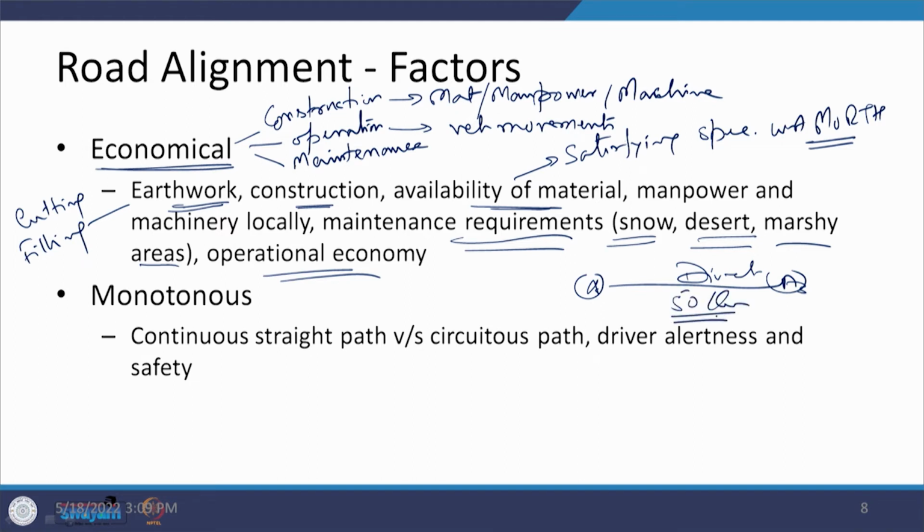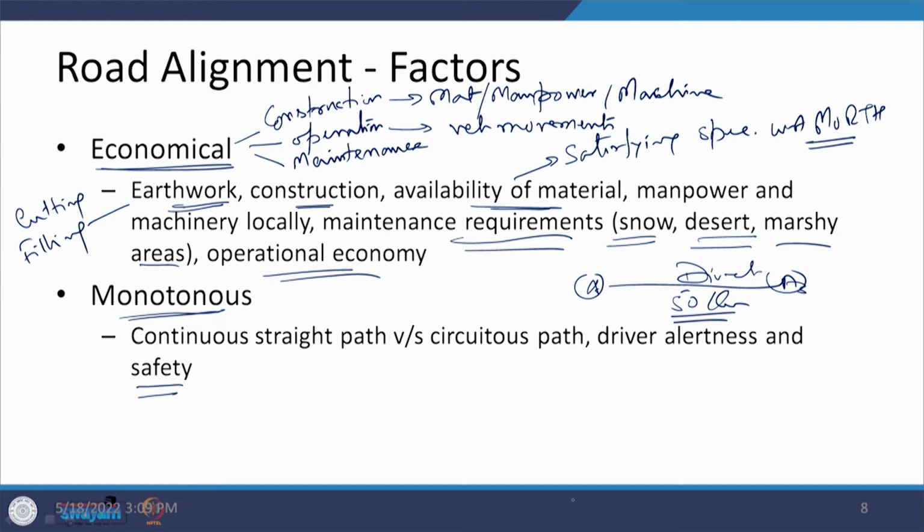The one problem with the driver is that the driver knows I have nothing to do, my steering remains in the same position, this road takes me for 50 kilometers straight without any change in direction etc. Therefore, the drive will become monotonous in nature, and when it becomes monotonous, it brings in a reduction in alertness, and the driver may feel dizziness, and the safety is going to be hampered.